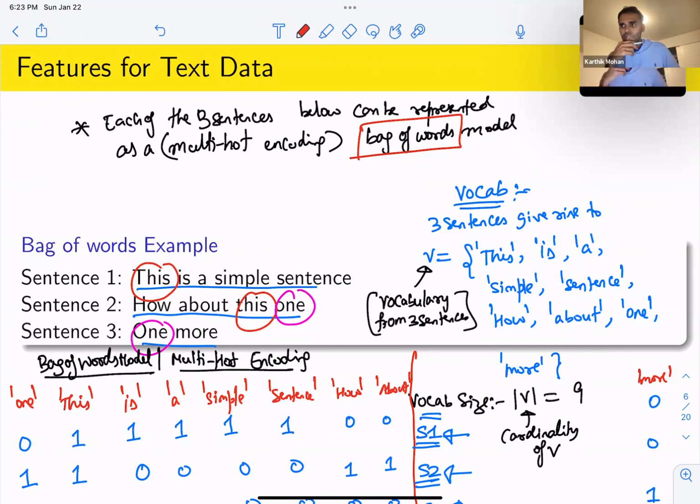And so there is a need to have more compact and concise representations, which a lot of embedding models do. And they provide contextual or non-contextual embeddings. But the starting point for many of these embedding models, or even pre-training models, would be coming from bag of words. So a very fundamental concept to understand.